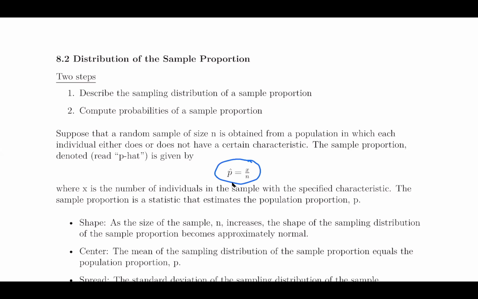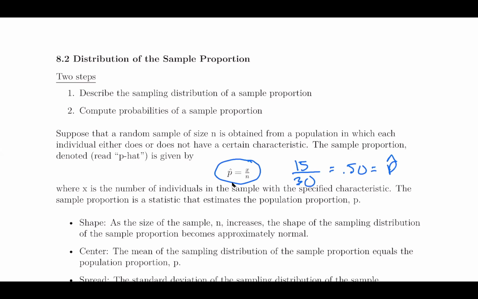X will represent how many females we have in the classroom, and N will represent how many total people we have in the classroom. So if we have 15 females out of, let's do easy math, 30 students, p hat will equal 0.50.